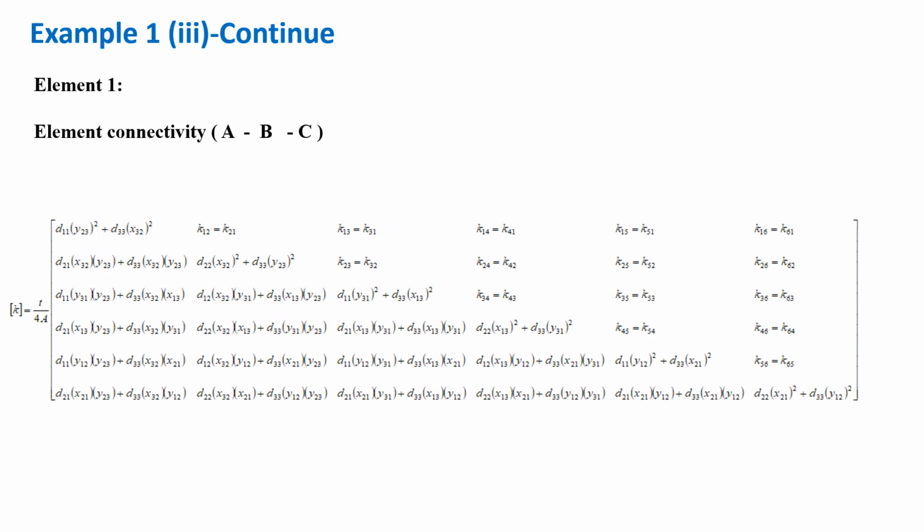As we connected the element with node A, B, and C, then the arrangement of our K matrix must also follow this sequence. Therefore, our row and column must start with UA, VA, UB, VB, and UC, VC.